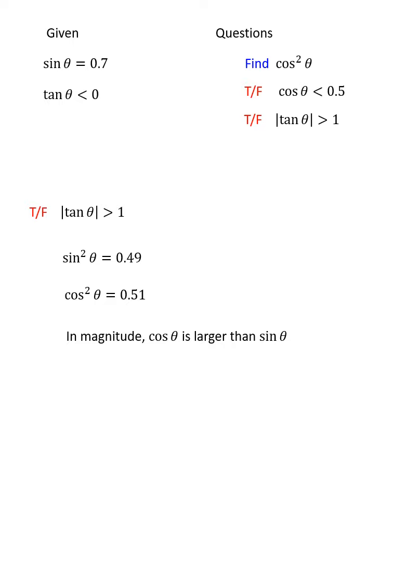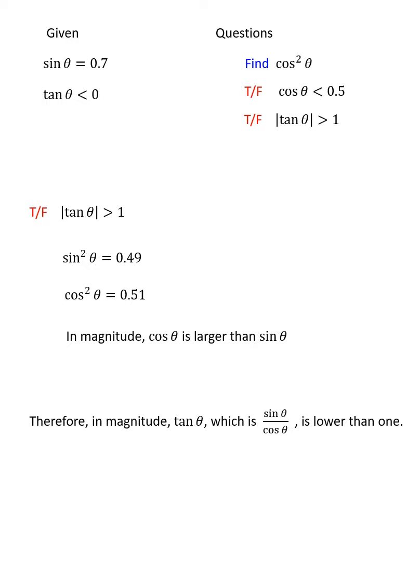Now, of course, we know from this problem that the cosine is negative and the sine is positive, but we're not talking about the plus or minus signs of those. We're talking about the magnitude, or just the positive numbers, if you will. So in magnitude, cosine is larger than sine. Well, that means that the tangent, which is sine divided by cosine, has to be smaller than 1.